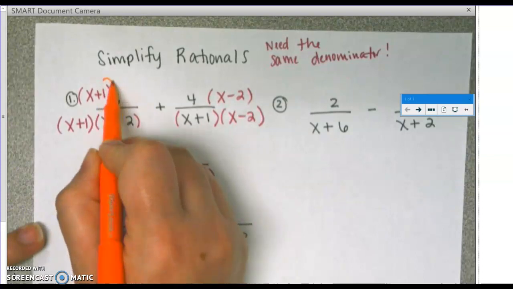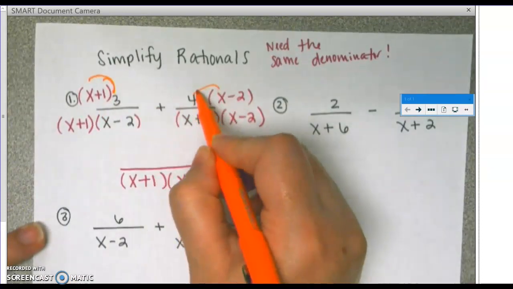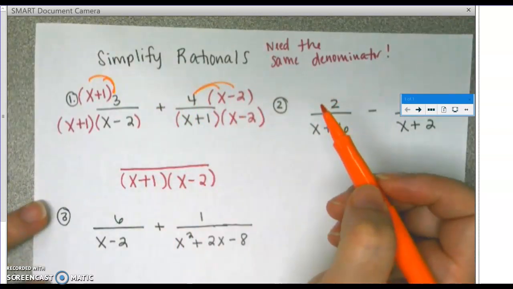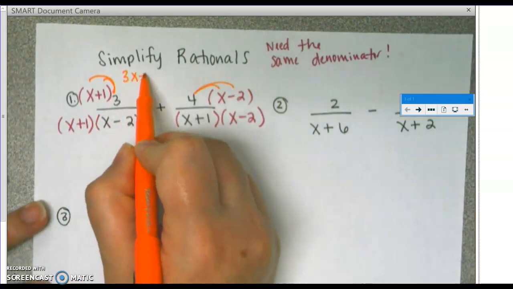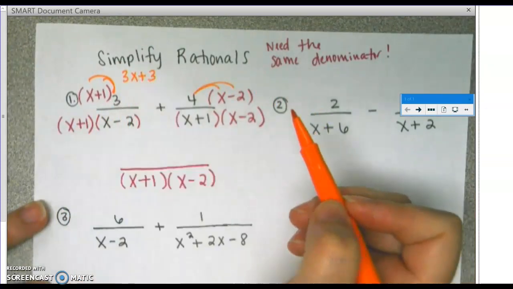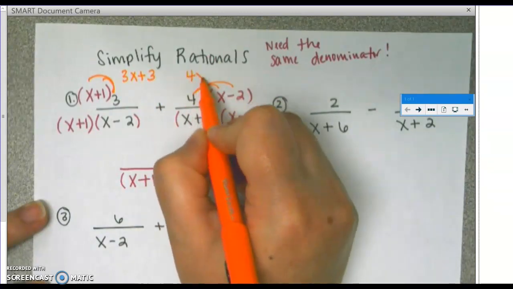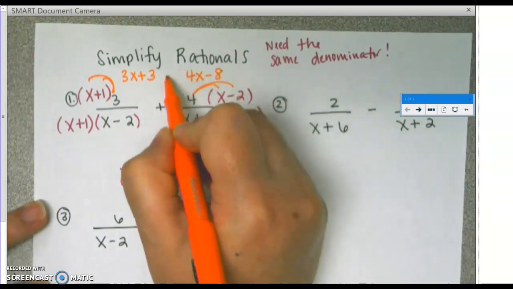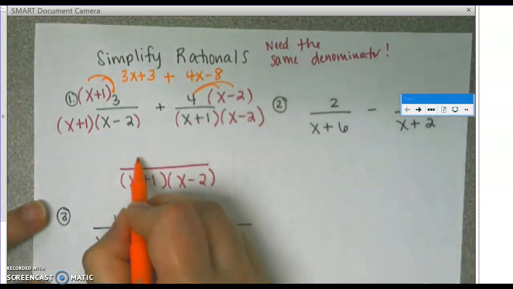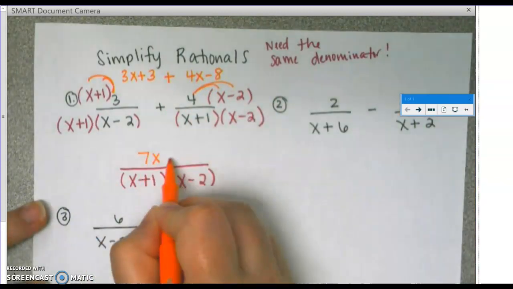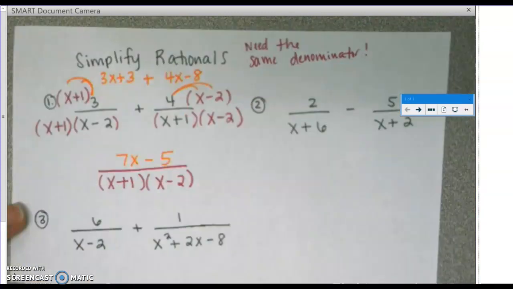This 3 needs to get multiplied to that whole thing, and this positive 4 needs to get distributed as well. So the numerator over here will be 3x plus 3. Over here, it'll be 4x minus 8. And now I can add those together. So 7x minus 5, combining like terms.